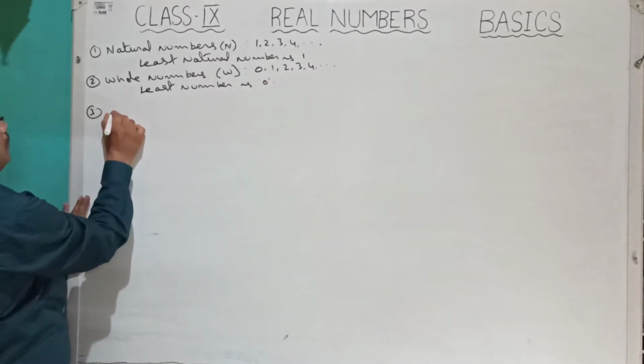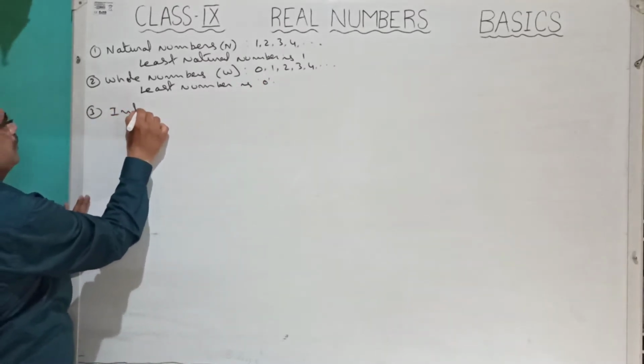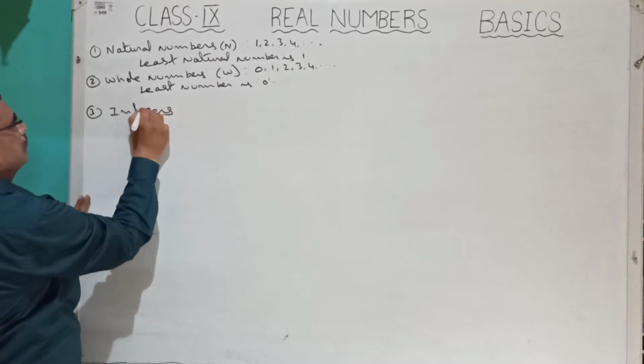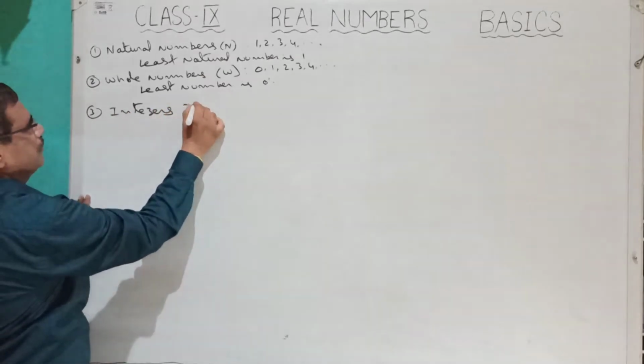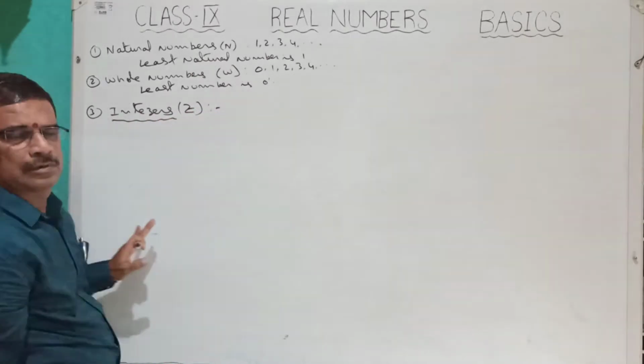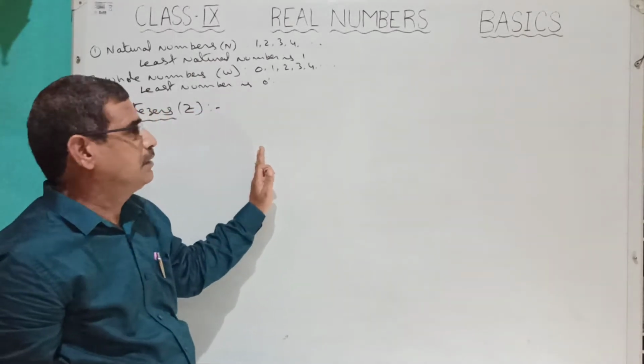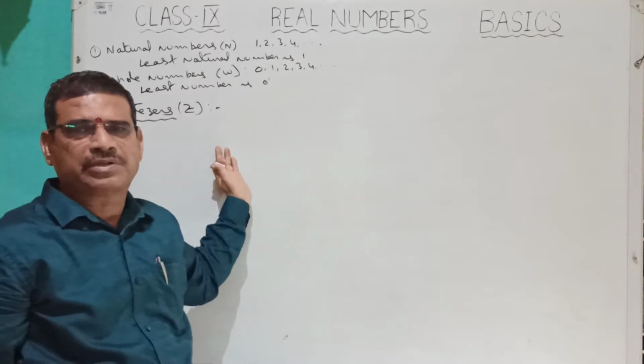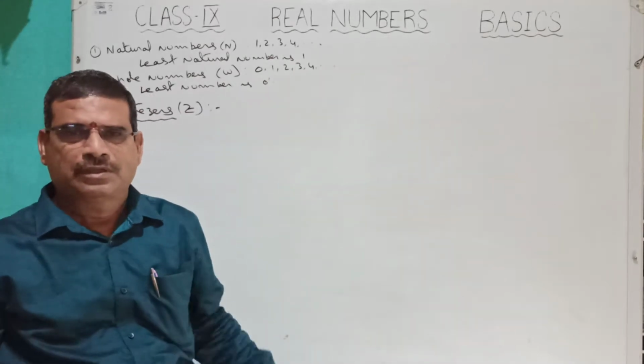So third one, integers. Integers are denoted by the letter Z. Integers have both negative numbers and positive numbers.